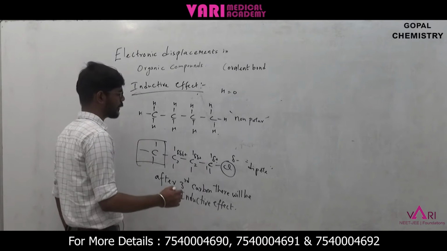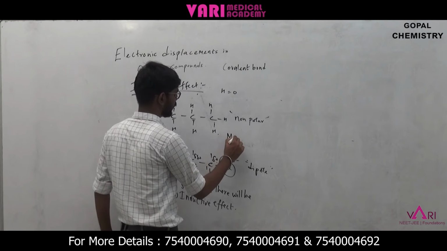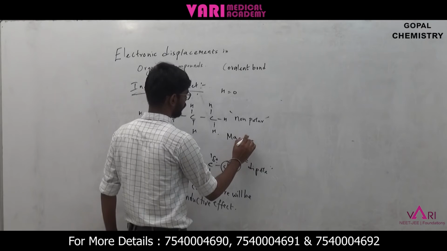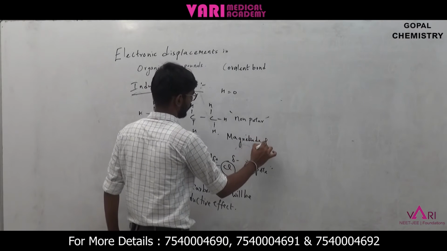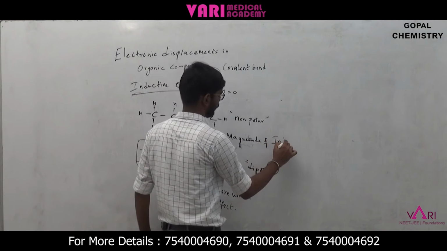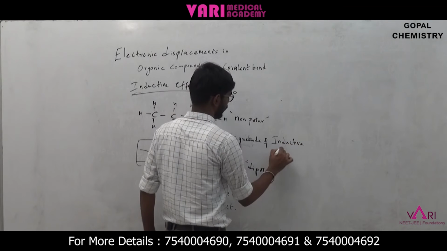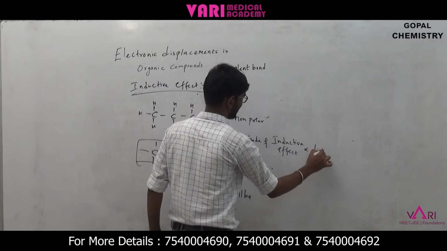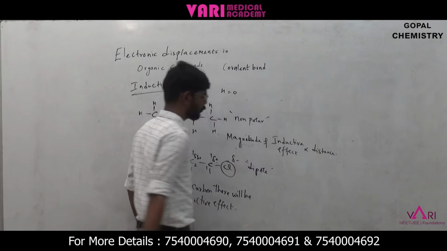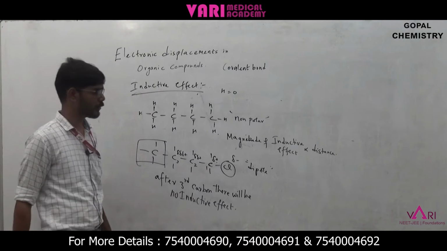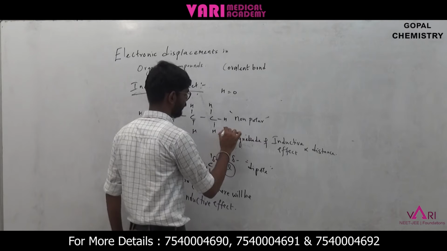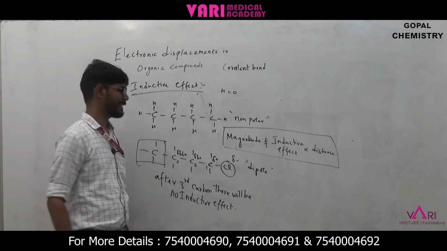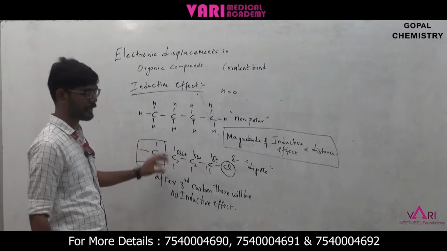So the magnitude of the inductive effect is directly proportional to distance. This is a very, very important one. It only depends on distance. So this is all about the inductive effect.